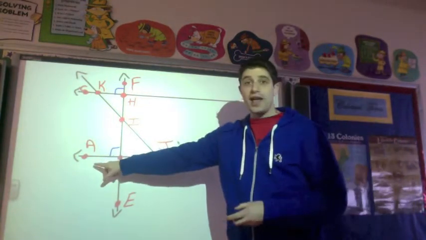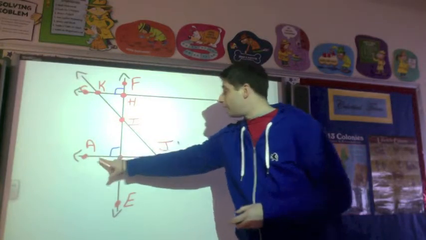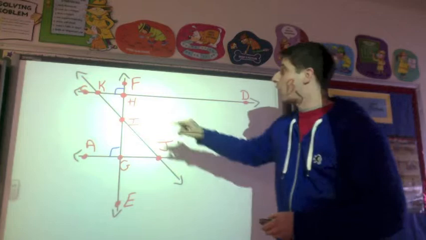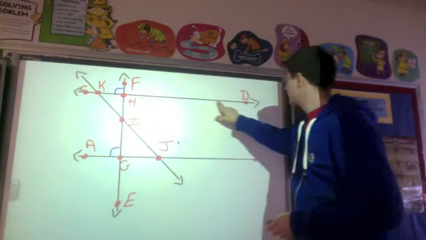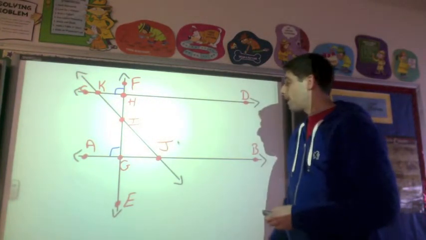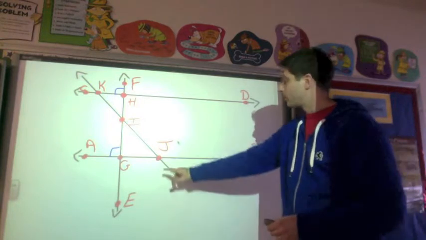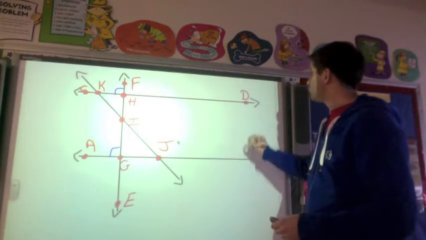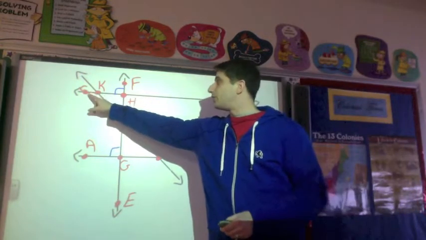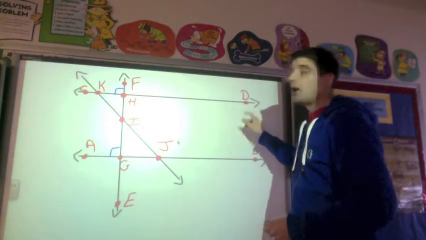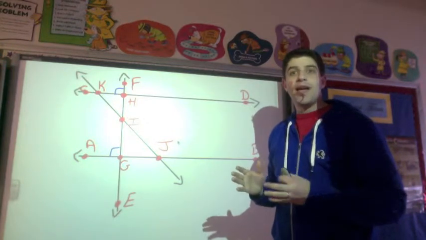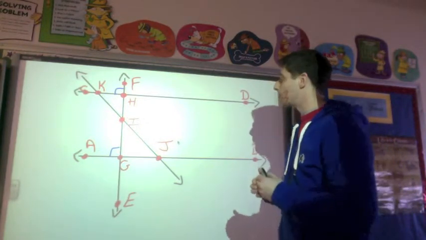So I will say that line AB is parallel with line CD. I can also say JB is parallel with CD. Remember, for parallel lines, it does not matter the length as long as they're the same distance apart.